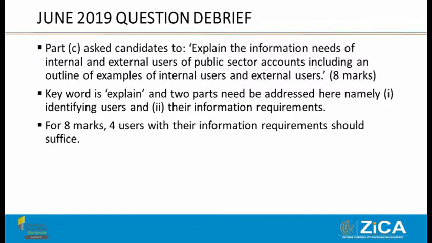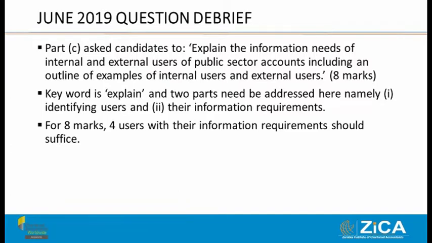So for instance, one internal user, the president and the ministers: what are they going to use the public sector accounting information for? To make their operational decisions. So the ministers are directly involved in the operations of various public departments. So they need the information about how these departments have performed for them to make future decisions as to what needs to be done and what needs not to be done.